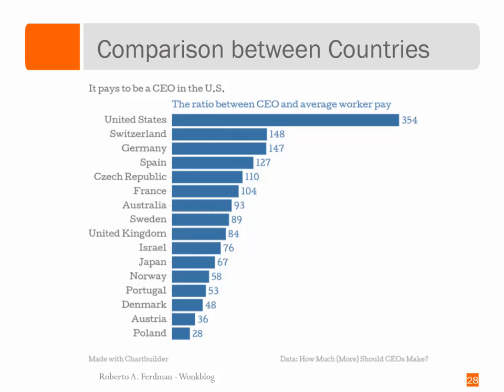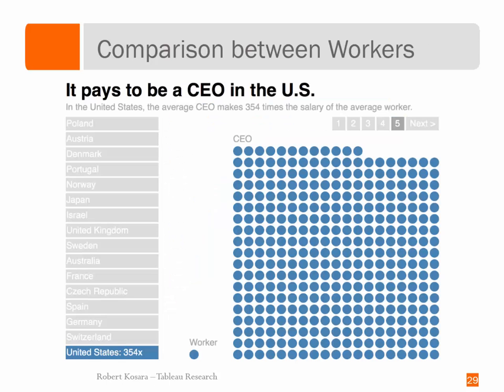And the interesting thing in this data visualization that I want to bring to your attention is the usage of the ratio. So we're basically making a comparison of the ratio of CEO pay to average worker pay, and we're just comparing the multiple. And this is yet a third way to look at some of the same data that represents the worker's pay.